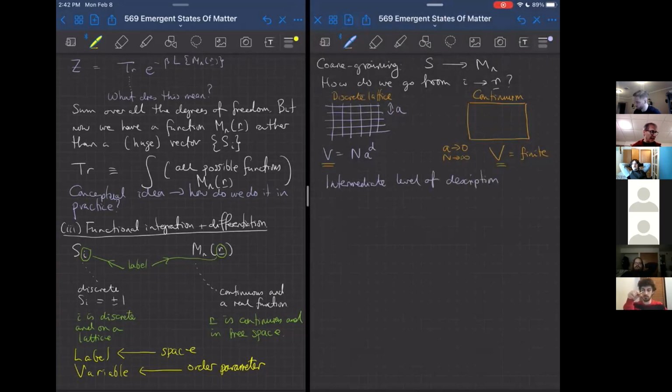So you could say, well, all right, I can make an intermediate level of description. And in my intermediate level description, I still have a lattice, but I have a continuous order parameter.